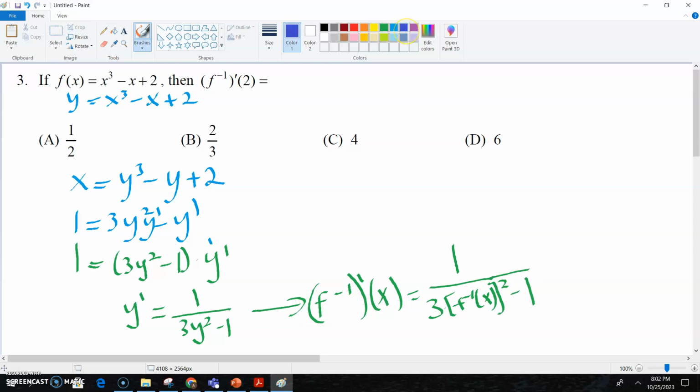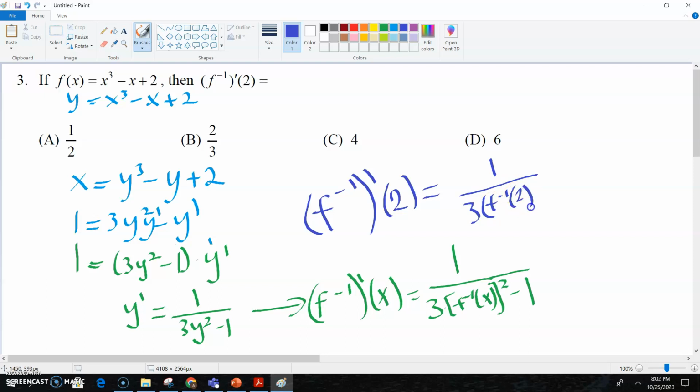And then we're just going to plug in what they tell us. So they tell us that we're trying to find f inverse prime at 2. So we'll plug in 2. So we have 1 over 3, and then we have f inverse of 2 squared minus 1.